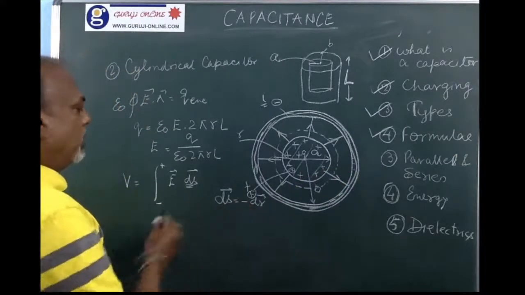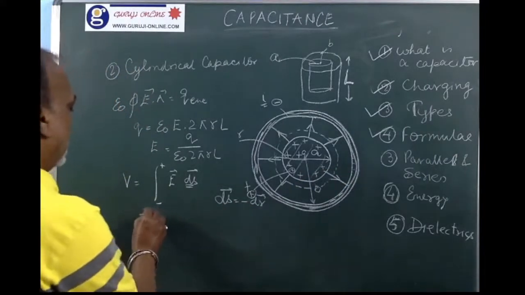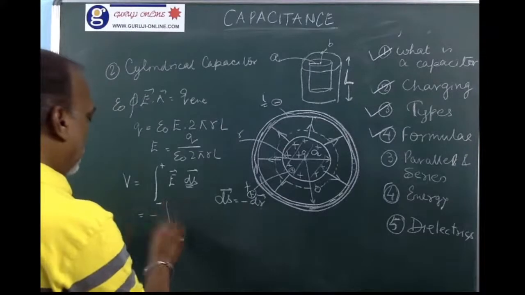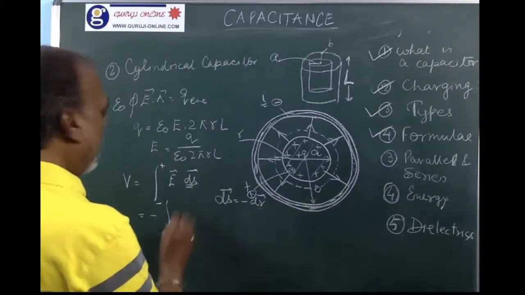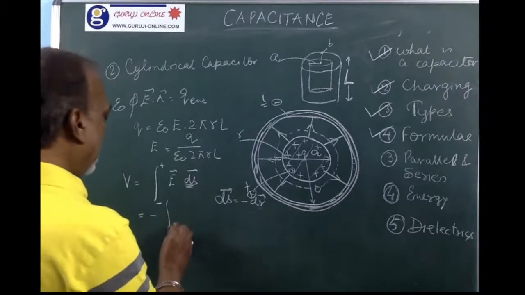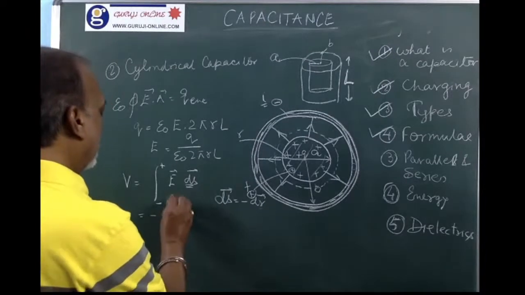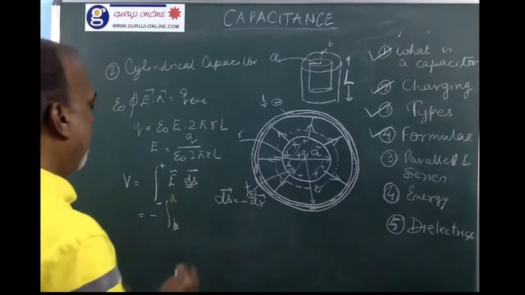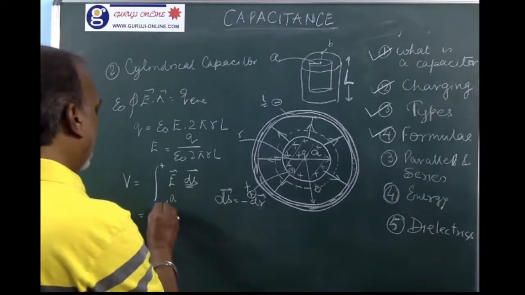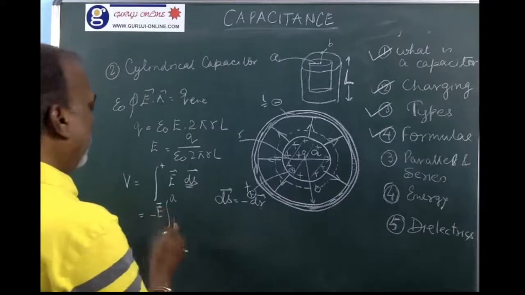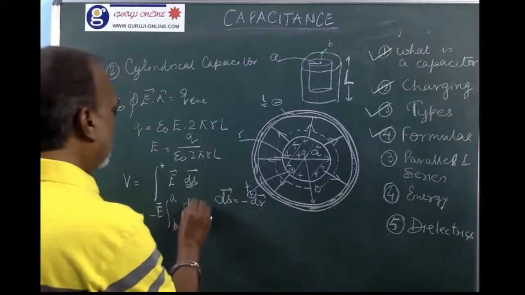So naturally this will be minus. The limits go from B to A, and E we can take outside because it will be uniform, and it is dr.